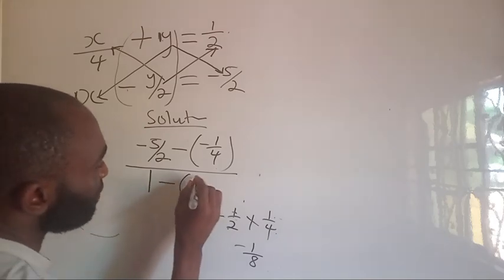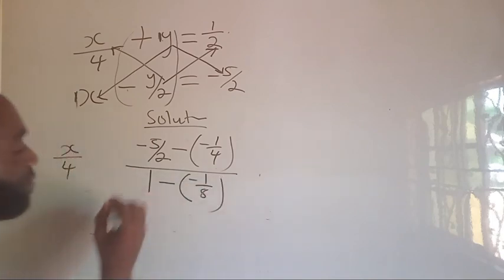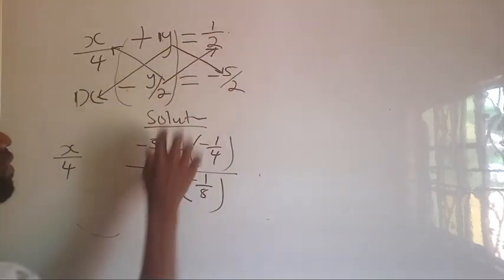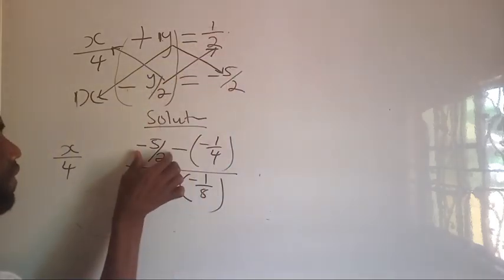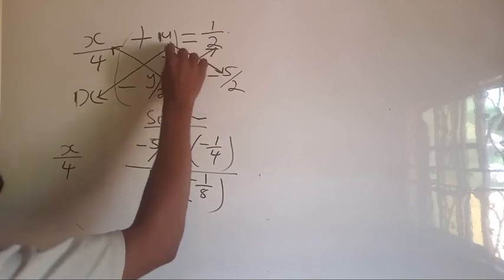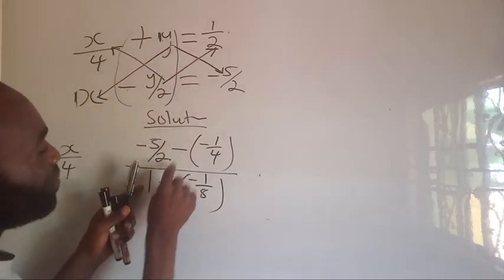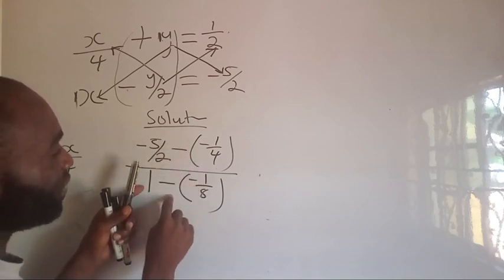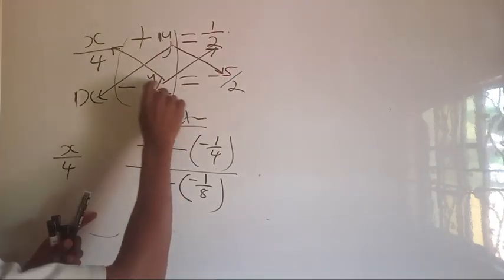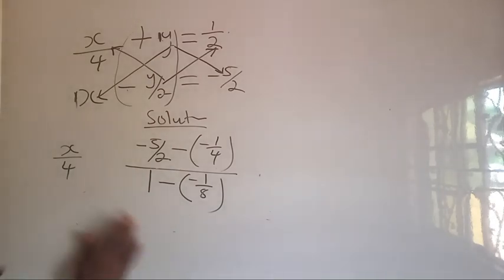Then minus 1 all over 8, right? Because when you do this minus this, you write it here. After that, we are going to introduce a minus sign for both of them. So now this will cross and multiply this, and this will cross and multiply this. So we are done. Let's continue.